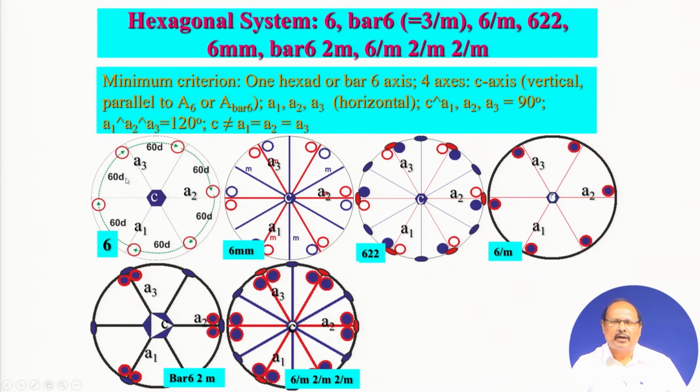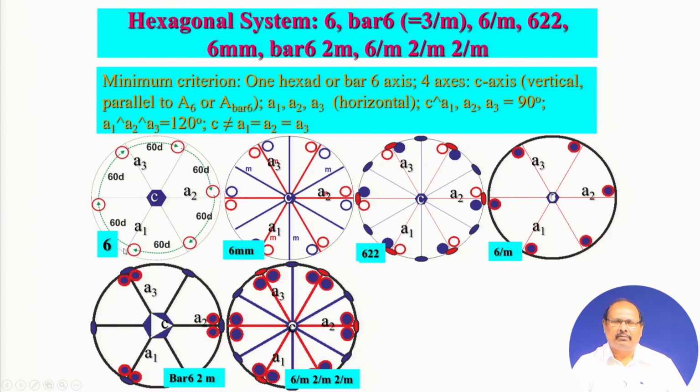So, essentially you have the A1, A2 and A3 axes, which are at an angle of 120 degrees, as we have established in the case of the trigonal crystal system. This also remains valid in the hexagonal crystal system here. The atomic density and the concentration of the atoms along A1, A2 and A3 is the same.